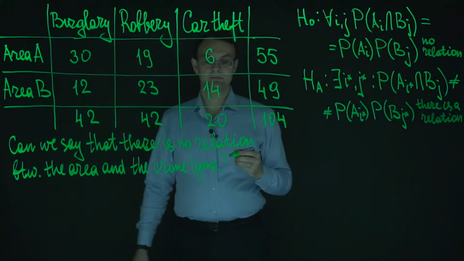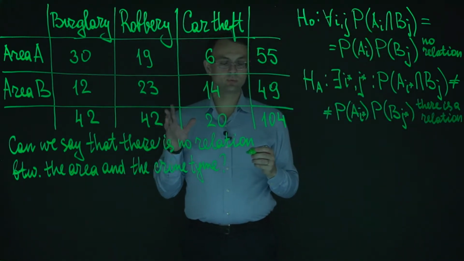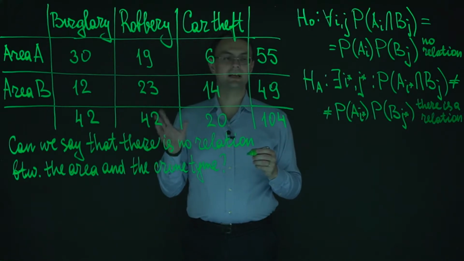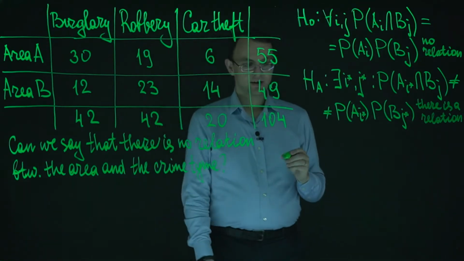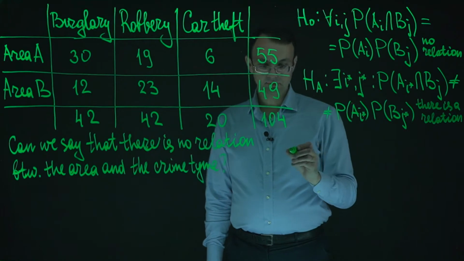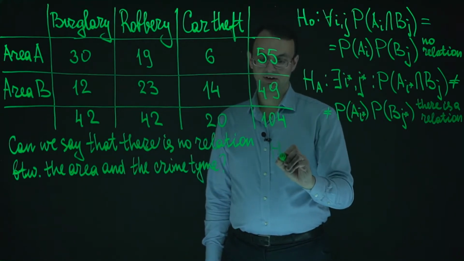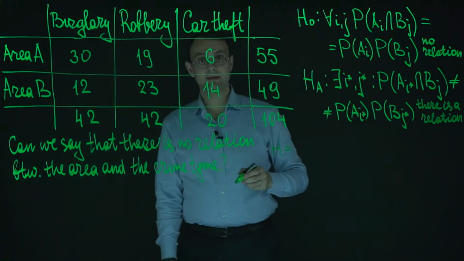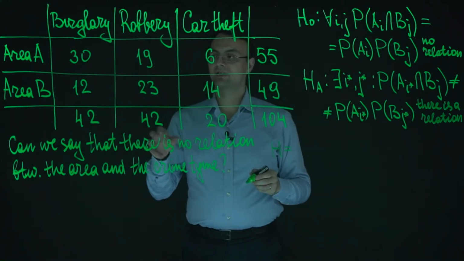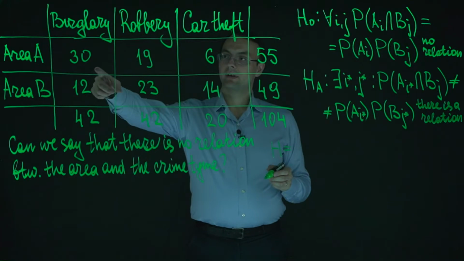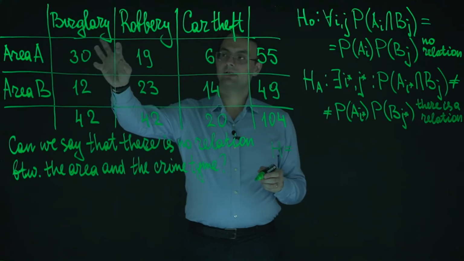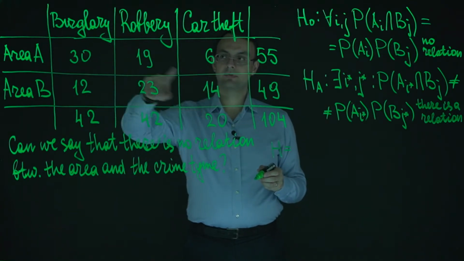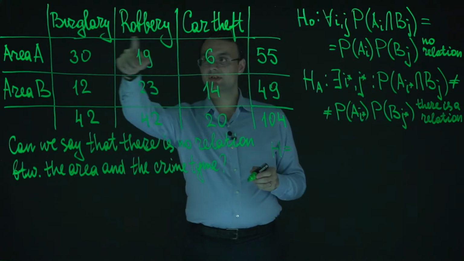So what we need is to calculate the chi-squared statistic. How is this done? We say that H is equal to the sum of 6 terms, 6 elements. We calculate this element of the sum for each cell of this table.